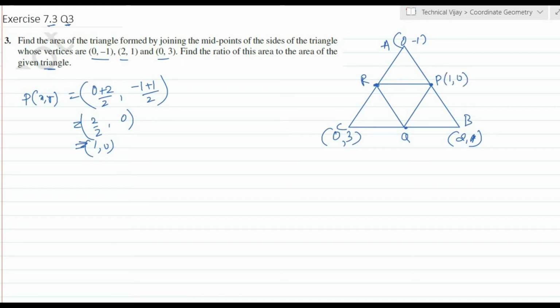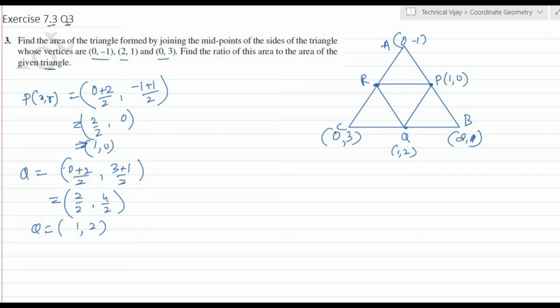Now in the same way, Q coordinates is equal to 0 plus 2 divided by 2, and 3 plus 1 divided by 2. So here 2 by 2, and this is 4 by 2. So 1 comma 2. So Q coordinates will be 1 comma 2.